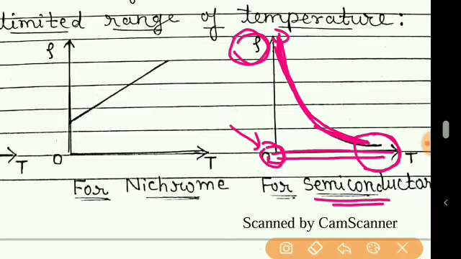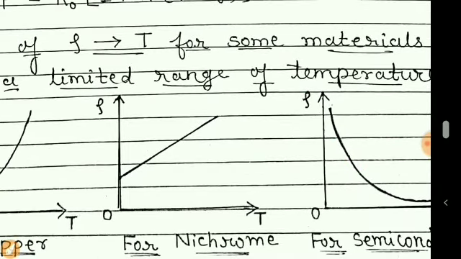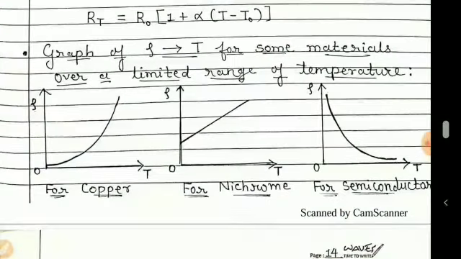So we can say that the semiconductors at high temperature behave as a good conductor, and at 0 Kelvin temperature it behaves as an insulator. So this is about the graph of resistivity versus temperature. This type of thing can be asked in MCQ.